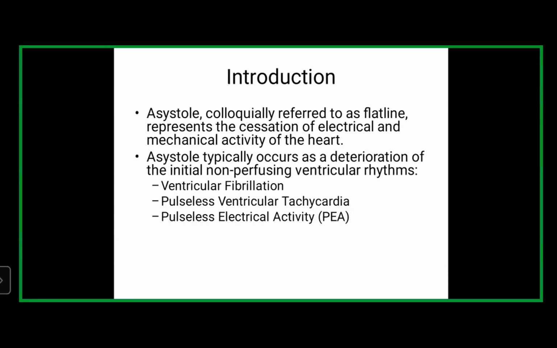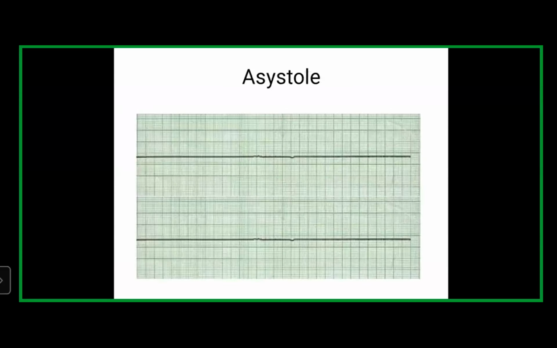Asystole typically occurs as a deterioration of initial non-perfusing ventricular rhythms, like ventricular fibrillation, pulseless VTAC, pulseless electrical activity. More or less, this is what the flat line looks like.